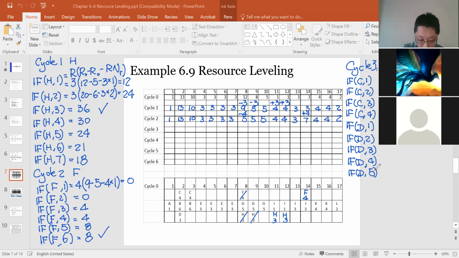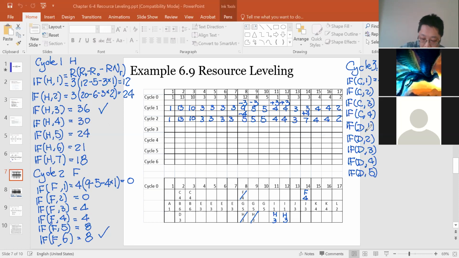For example, if I move C for 1 day, moving from 2 and 3 to 3 and 4, C is 4 each day. If I shift 1 day, I vacate day 2, which is 13, and I occupy day 4, which is 3, and then minus 4 times the 1 day I moved. So this gives us 24. That's C for 1 day.